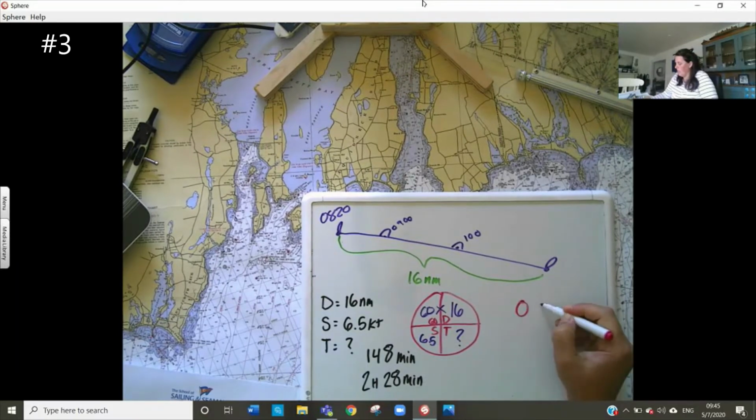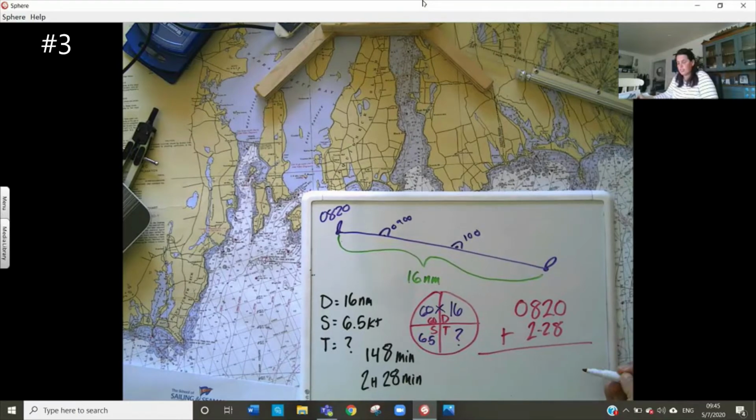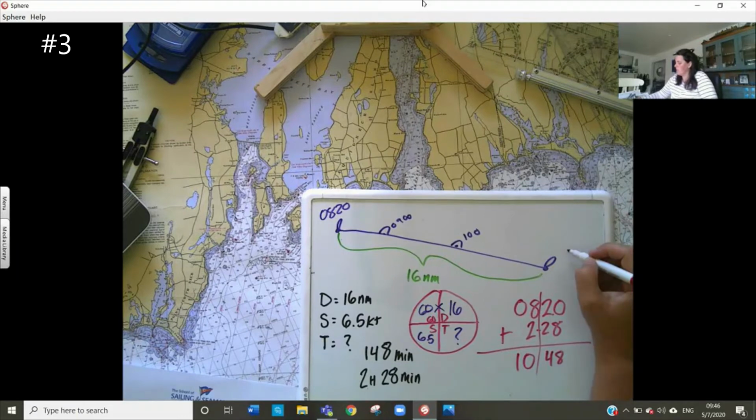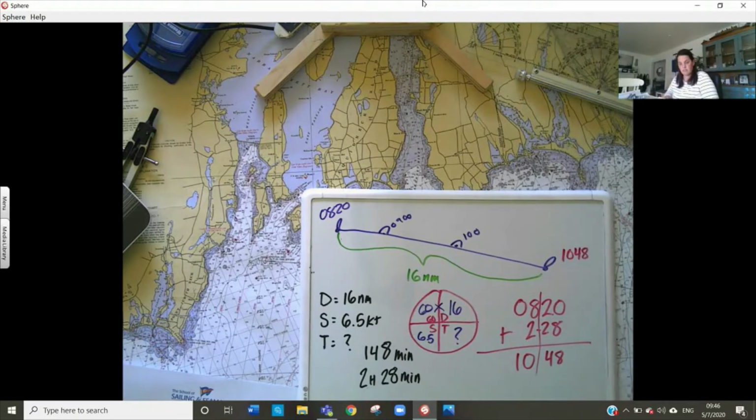So we have 8:20 plus 2 hours and 28 minutes as our transit time. We always do the minute side first for 48, and then 8 plus 2 gives us 10. So our ETA is 10:48. So that was number 3.